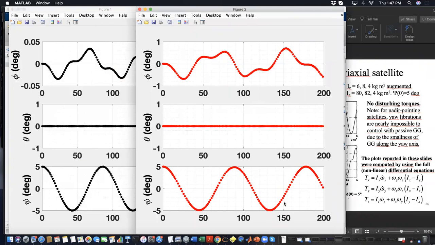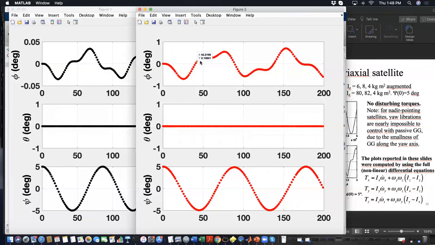You can see that if you have an initial angle of 5 degrees along the y-axis, you're going to have an oscillation with that amplitude. What is also true is that since the roll and yaw axes are coupled, you're going to have also a variation in the roll axis. And you're going to see this pattern that is given by the relationship between the two.